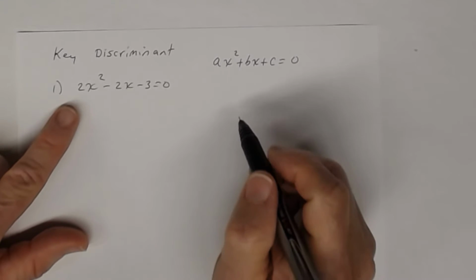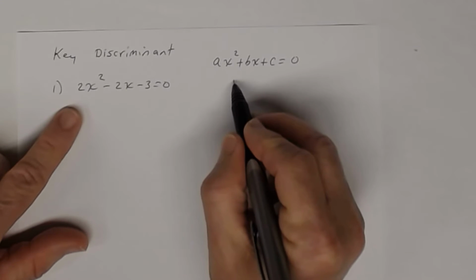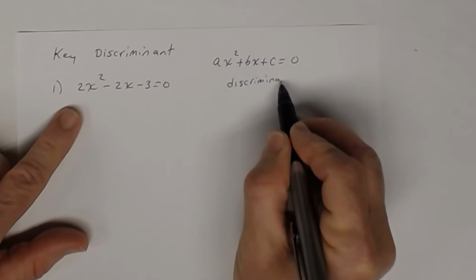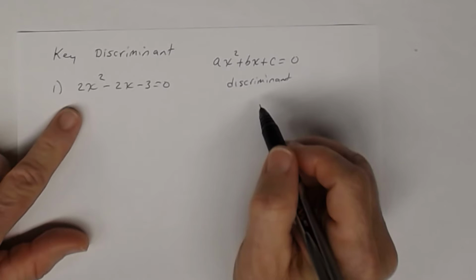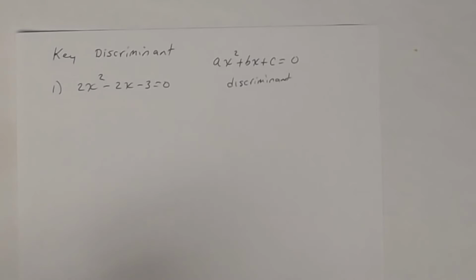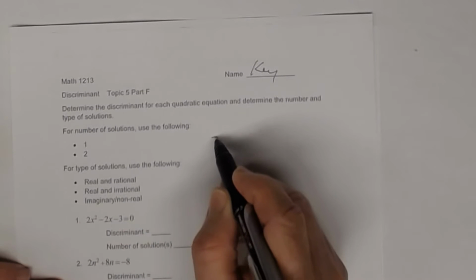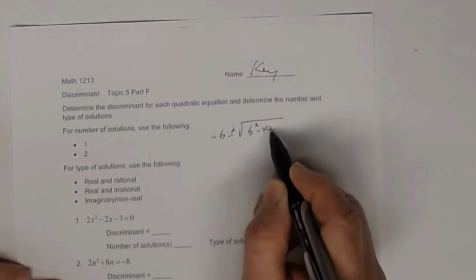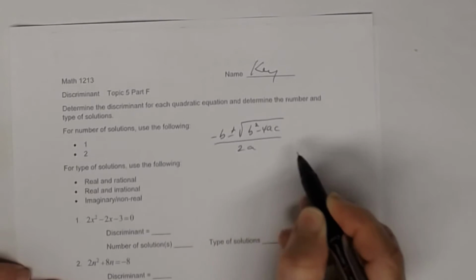All right, so the discriminant, remember, is the expression that is underneath the square root symbol in the quadratic formula. So remember the quadratic formula is the opposite of b plus or minus the square root of b squared minus 4ac, all divided by 2a.